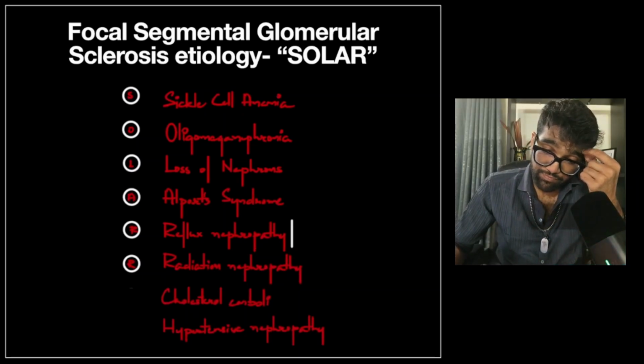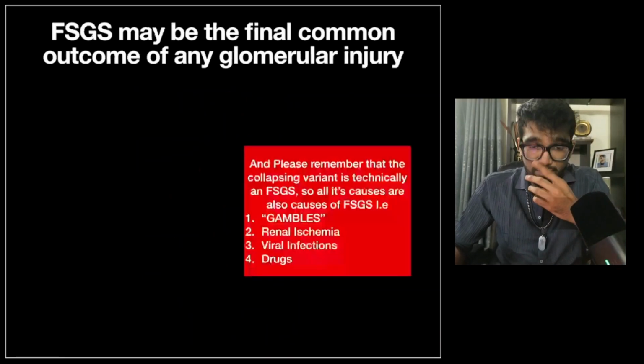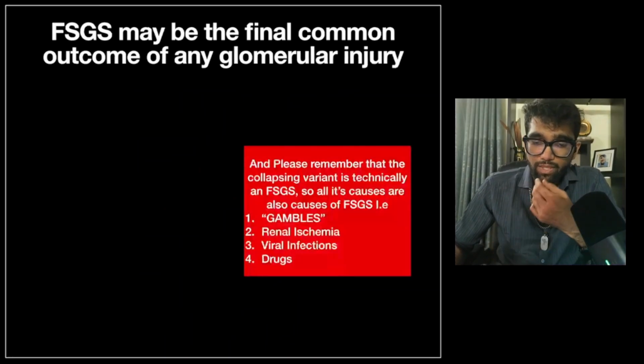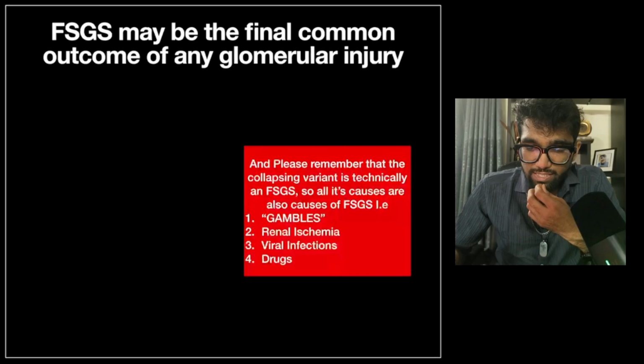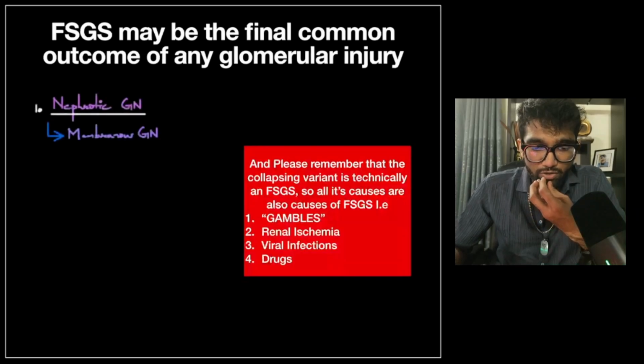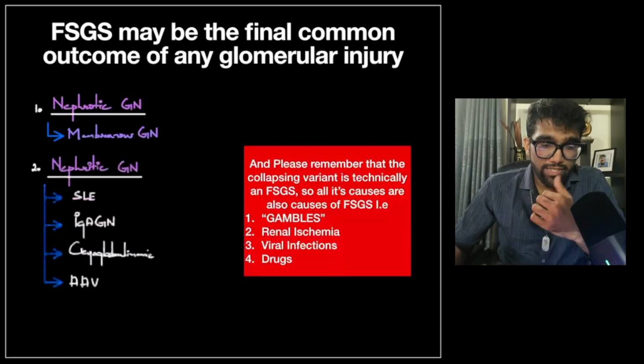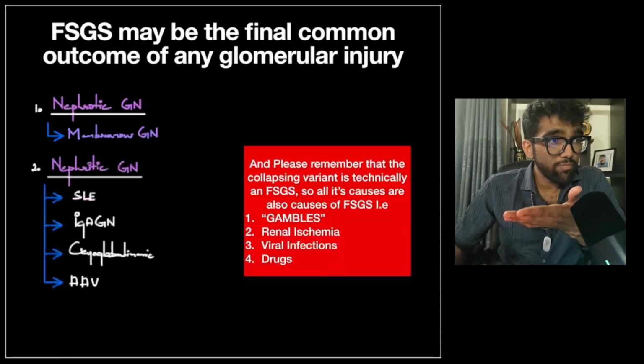Okay. Now, FSGS may be the final outcome of any type of glomerular injury. It can be a progression of membranous GN.